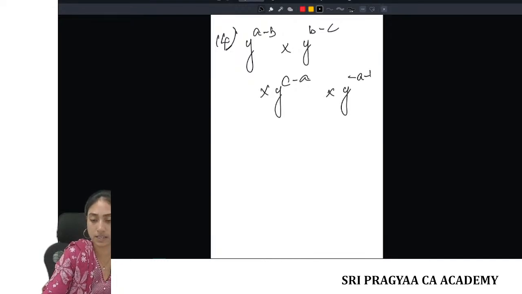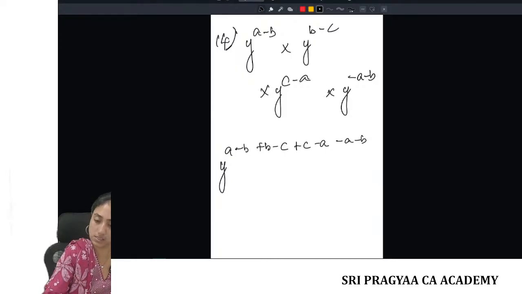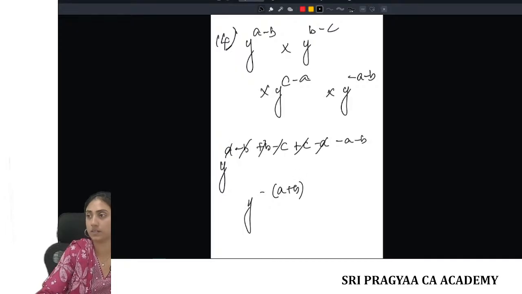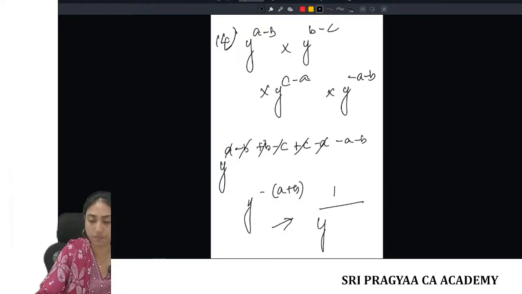This is minus A and minus B. Okay, got it. So my base is the same. So here I can go add all the, this will still remain as minus A minus B. Right. So which means A plus B, which is D.